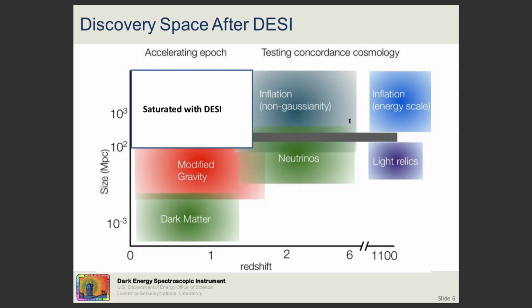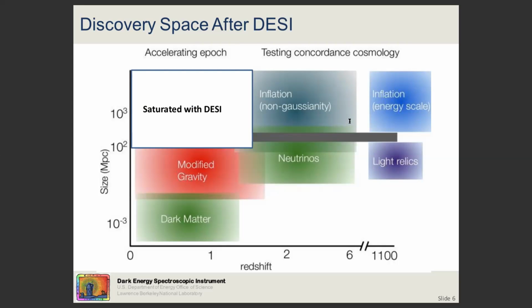So when we look at the rest of the parameter space, you keep on large scales, move to higher redshift, you get to inflation. Or you can keep probing the BAO scale out to infinity, okay, if you had the technique to do so. Neutrinos, of course, we're going to be exploring with growth of structure.